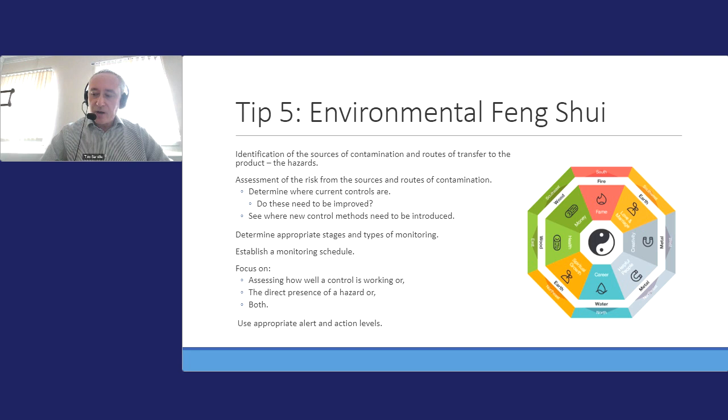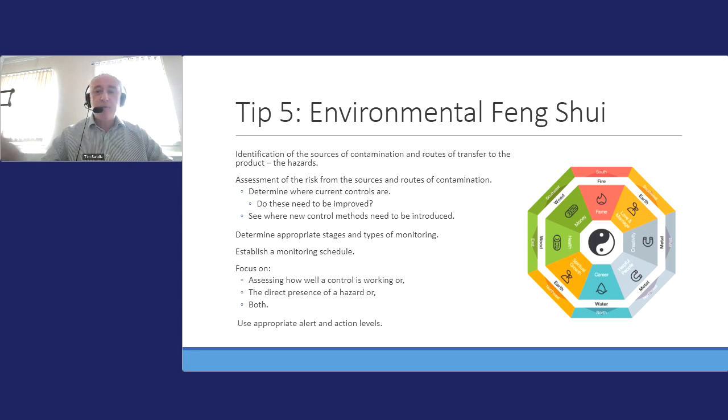So a few minutes ago I said that control is the most important thing, and it is, but we also need to decide where the most appropriate points are to monitor and the types of monitoring that we should be introducing. So one useful risk assessment tool for that purpose is HACCP.